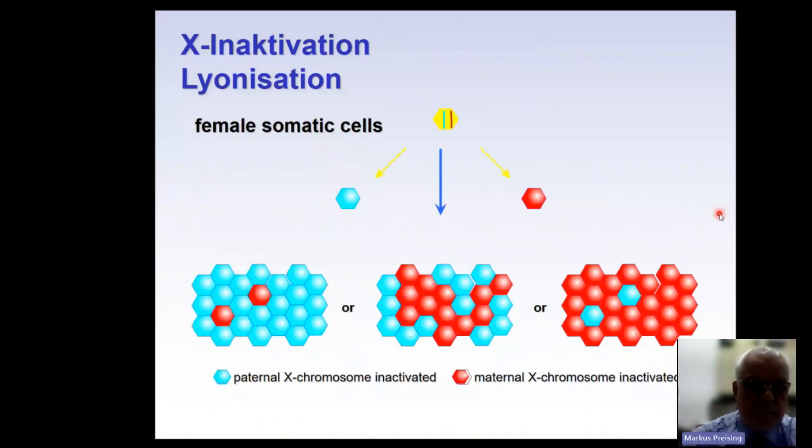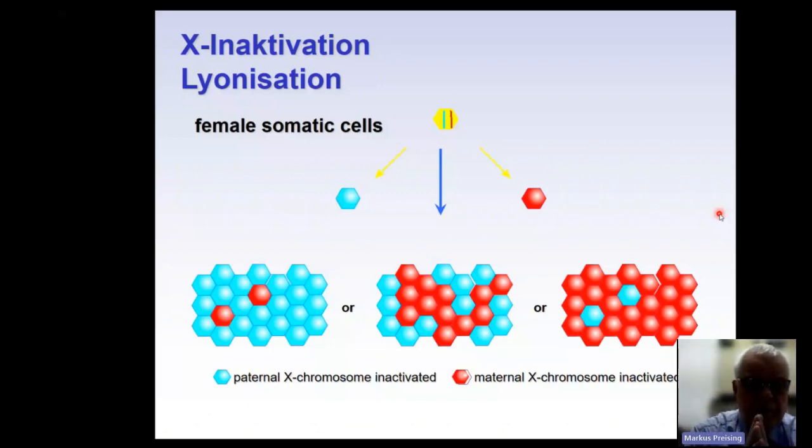But why do we have affected females in such a pedigree? We have to face the fact that in very early embryonic development, a cell decides which of the two X chromosomes will be active throughout the descendants of this cell.